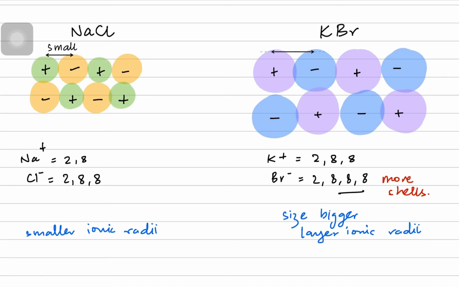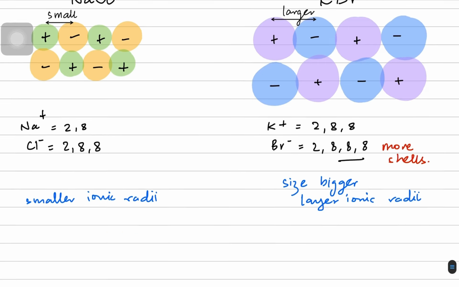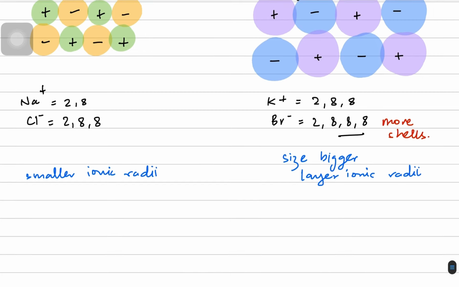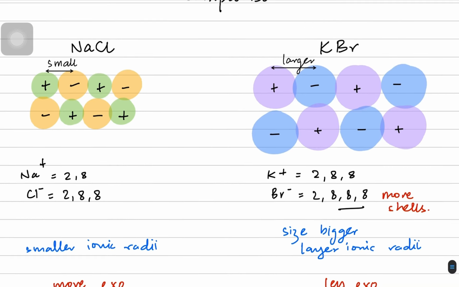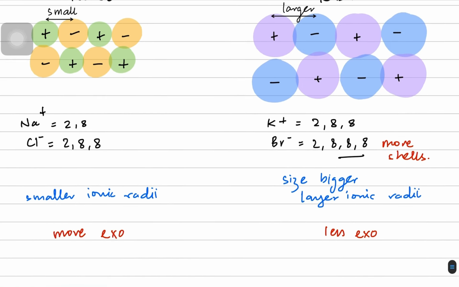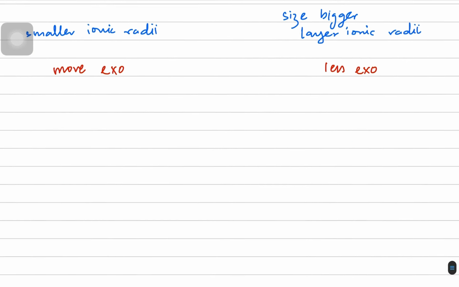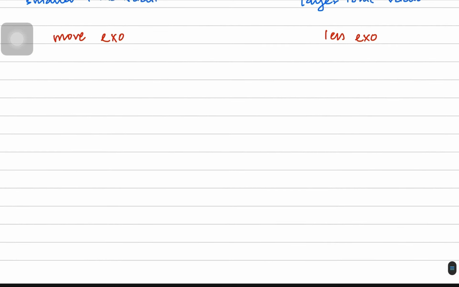But here you can see a huge distance between the charged centers. With bigger distance, with larger ionic radii, you will have less exothermic values, and with smaller ionic radii, you will have more exothermic values. So one thing we are clear about is that bigger ionic radii cause smaller attraction and less exothermic values.